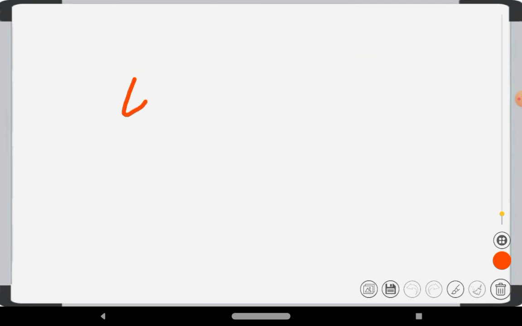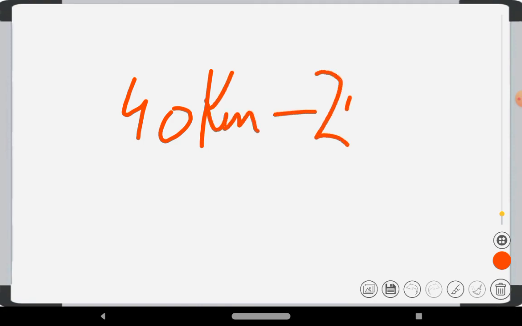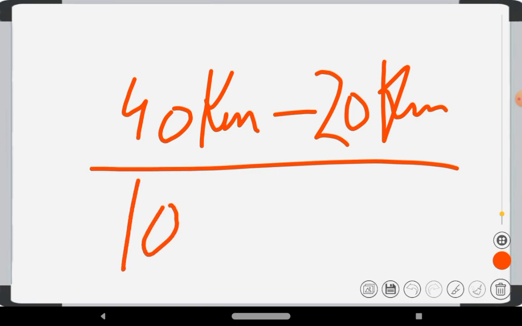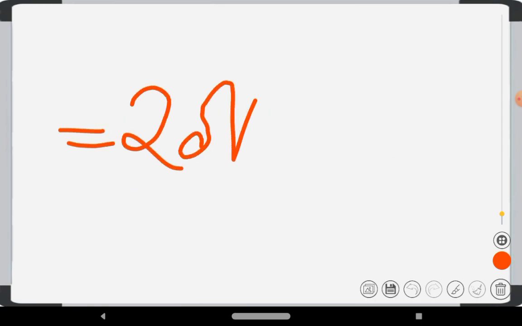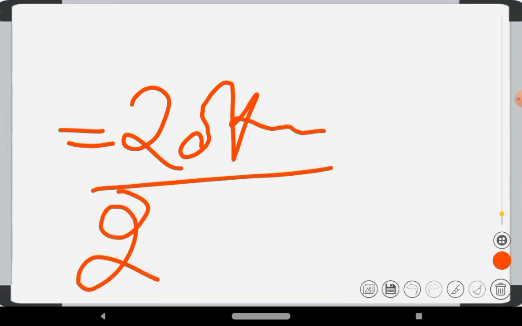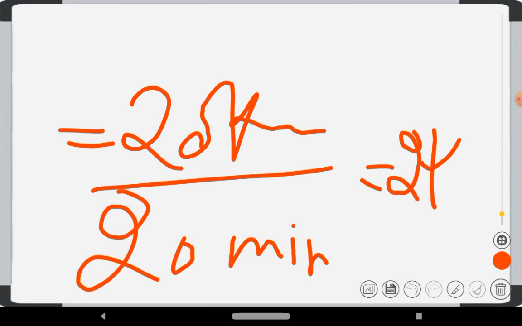So final velocity is 40 kilometers and the initial velocity is 20 kilometers, and the time taken is say 10 minutes plus 10 minutes. So the answer will be 20 kilometers divided by 20 minutes, which is equal to 2 kilometers a minute. So this will be our acceleration.